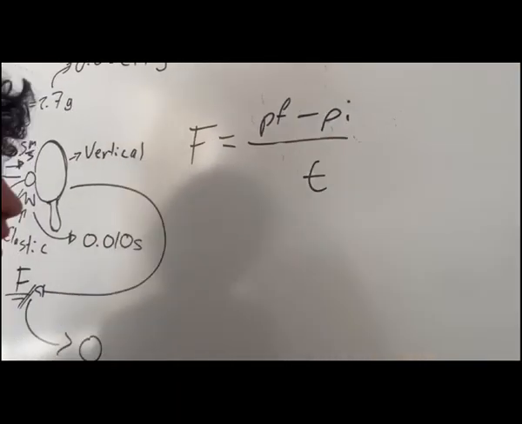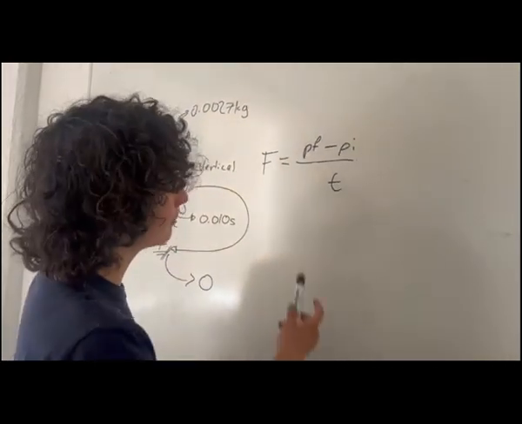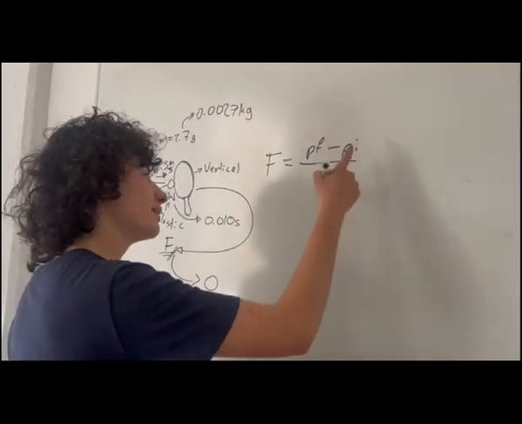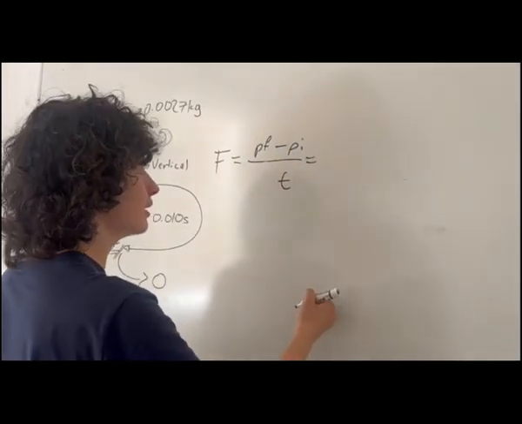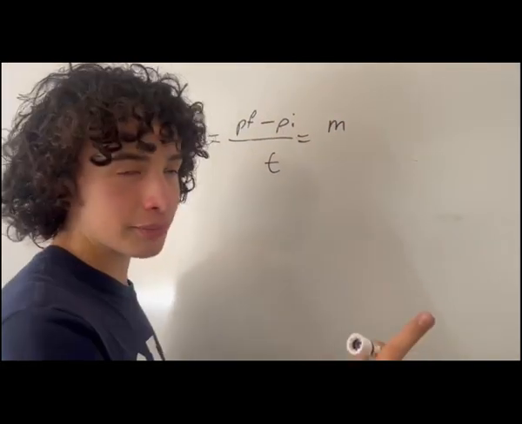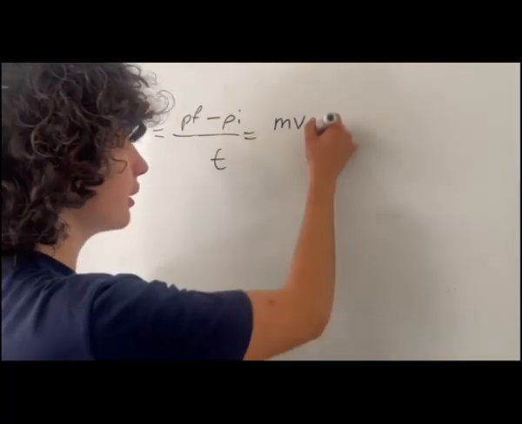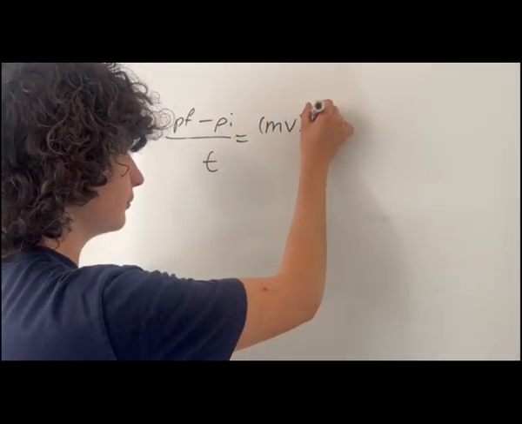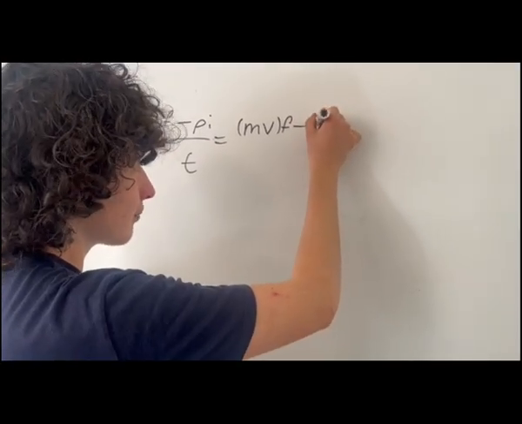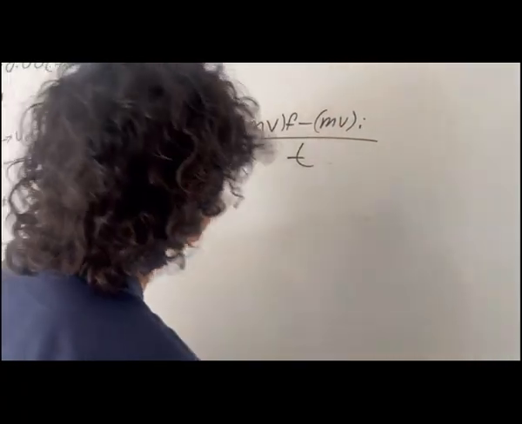How come? Because delta means change, and change means final minus initial. This can be substituted by mass times final velocity minus mass times initial velocity, over time.